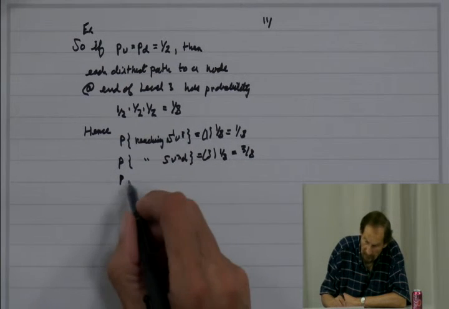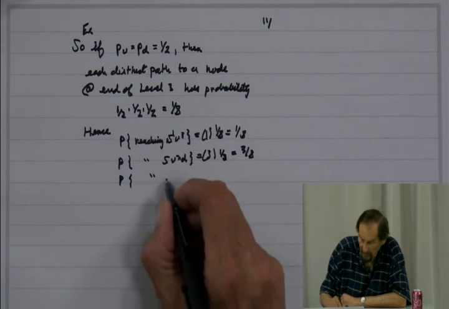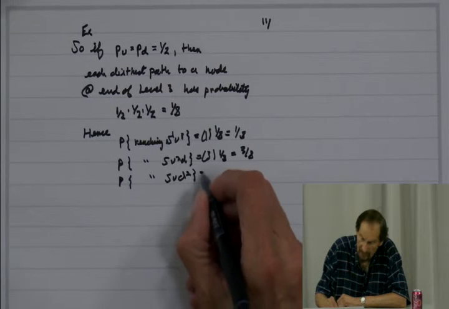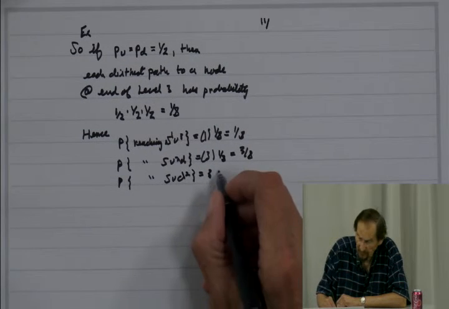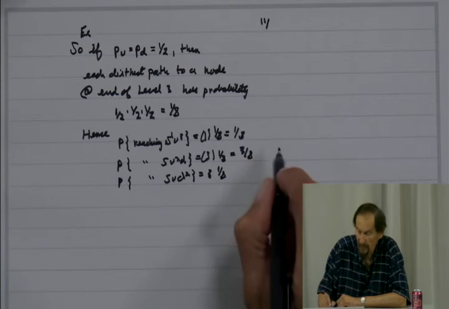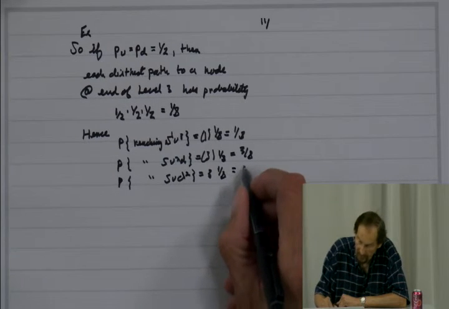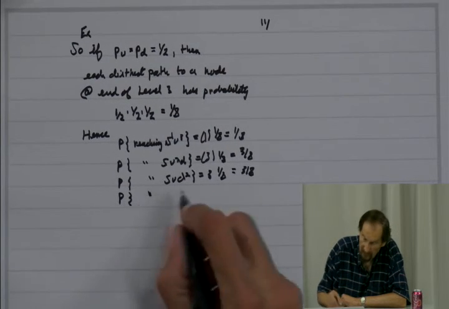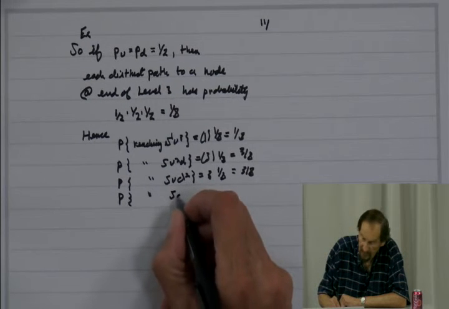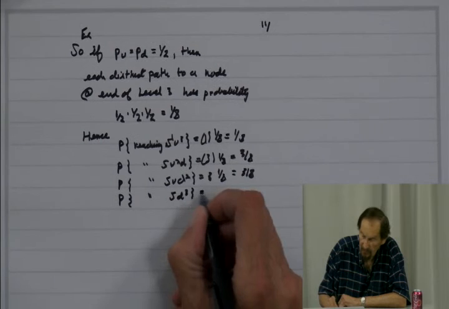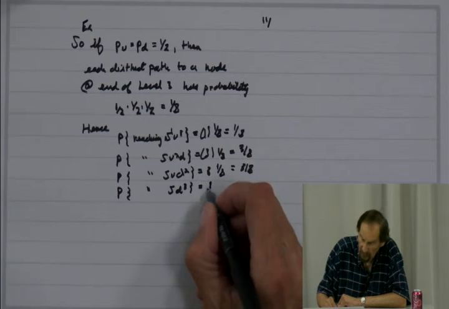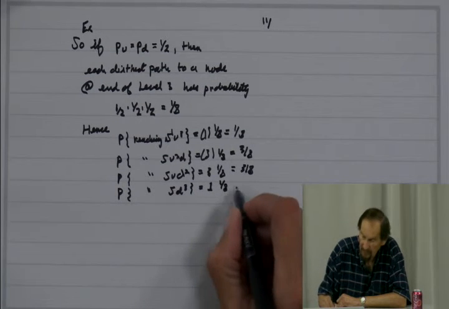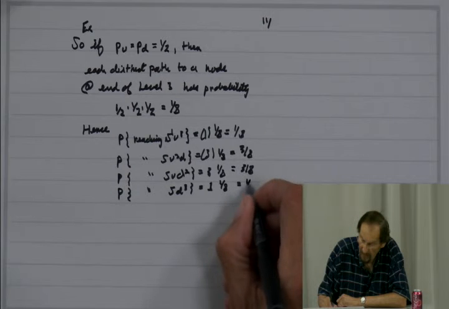Likewise, we're symmetric here. The probability of reaching S u d squared, so 1 up move, 2 down moves, there are 3 ways to reach that, and the probability, of course, is 1/8, so this is 3/8. Finally, the probability of reaching S d cubed equals 1. There's only one way to reach that: you have to go down, down, down, times 1/8 equals 1/8.